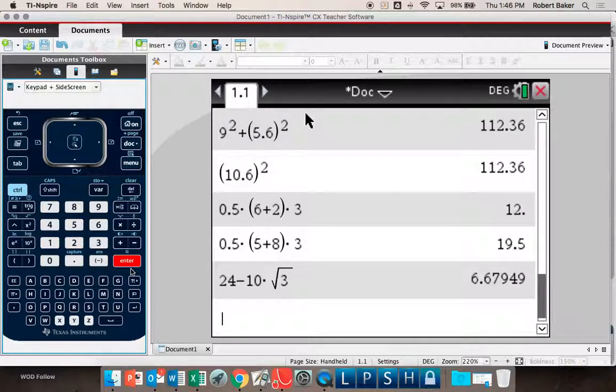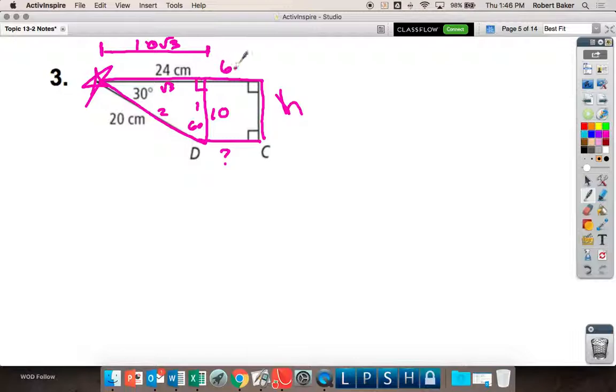Let's call it 6.7. Are you cool with that? So I have just discovered that this length is 6.7. So how big is this length? 6.7. I also discovered that this length is 10. So how big is h? 10. Now I have all the information I need to solve for the area.